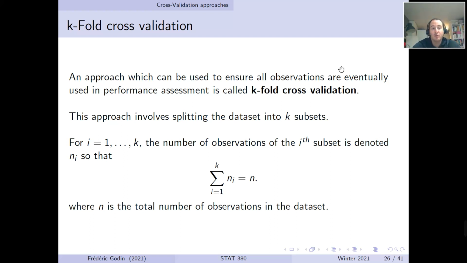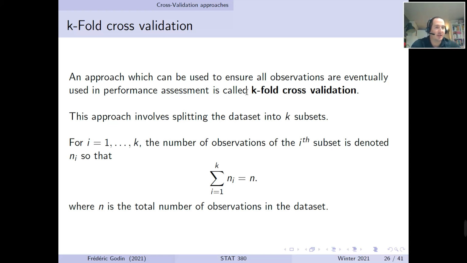The approach we're going to propose is called k-fold cross-validation. So how do we apply this method? Let's describe that now. Here we'll use small k. In k-nearest neighbors, we use capital K for the number of neighbors.